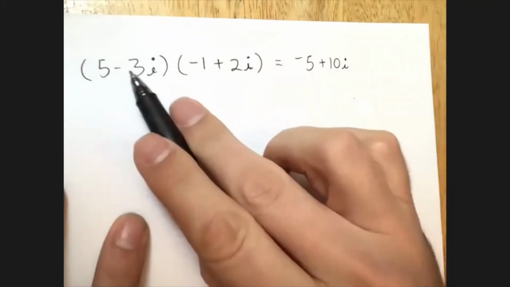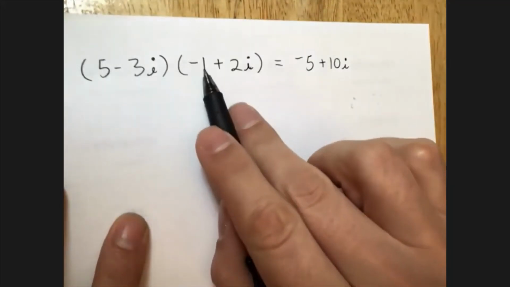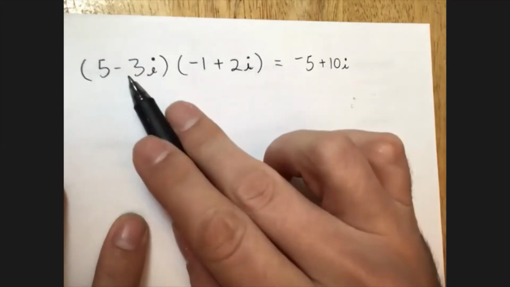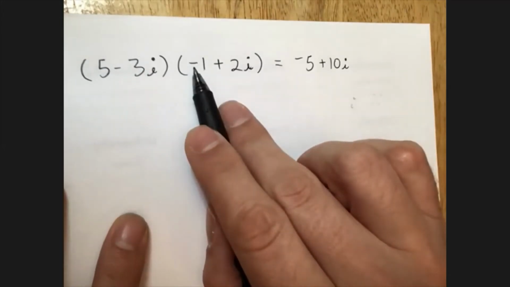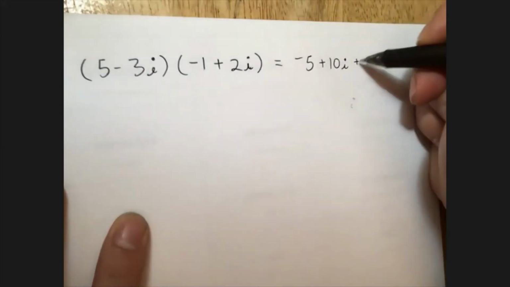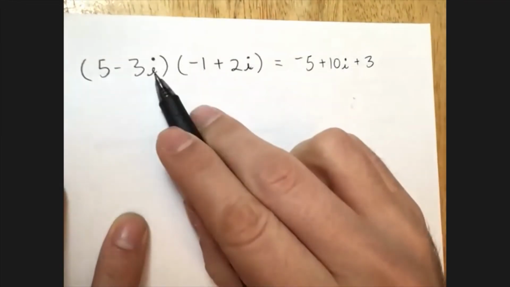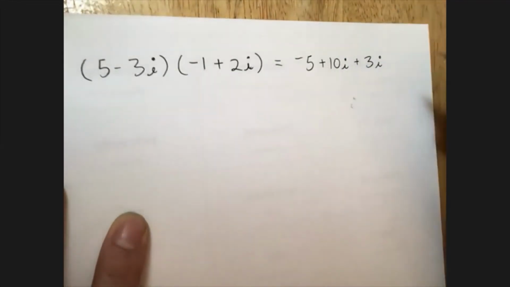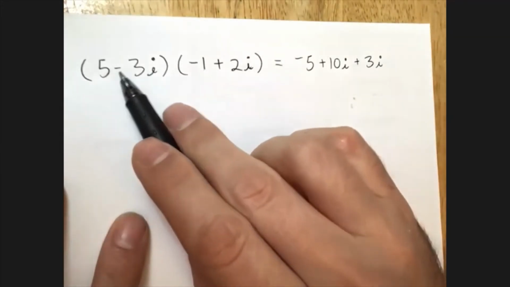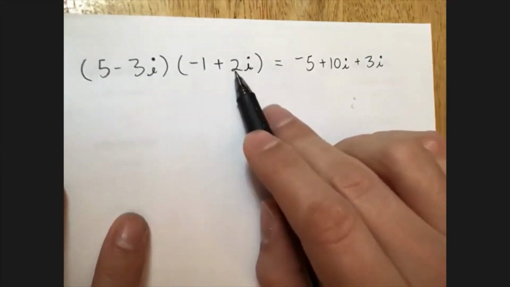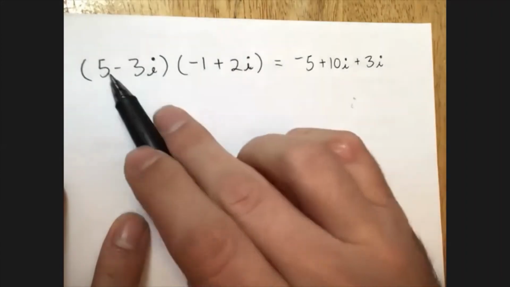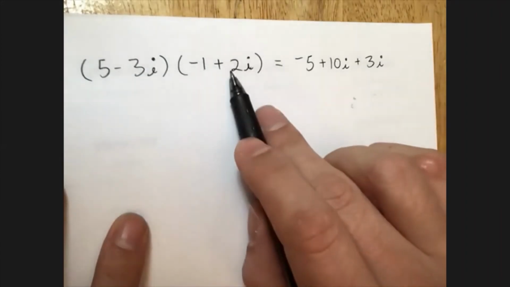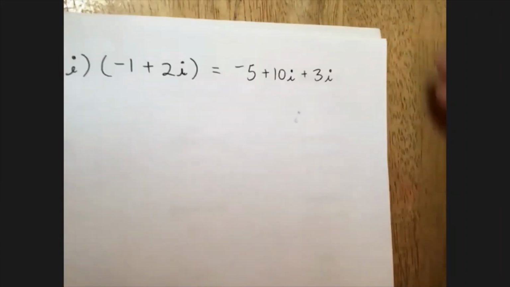Take negative 3i times negative 1. Well, negative 3 times negative 1 is positive 3i. Right? Don't forget the i is there. And then negative 3i times 2i. All right? Well, negative 3 times 2 is negative 6. Okay?